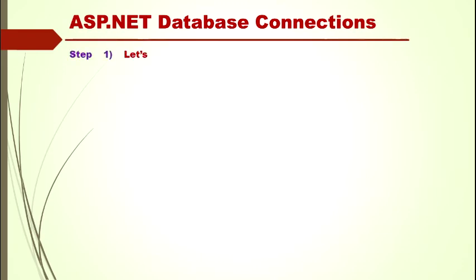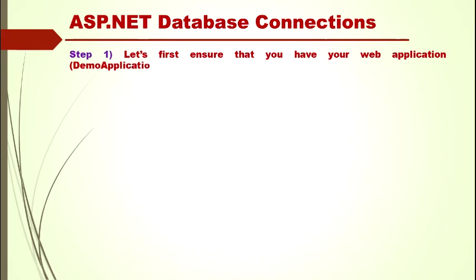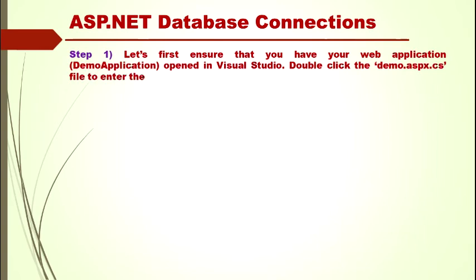Step 1, let's first ensure that you have your web application, like the demo application, opened in Visual Studio. Double click the demo.aspx.cs file to enter the code for the database connection.